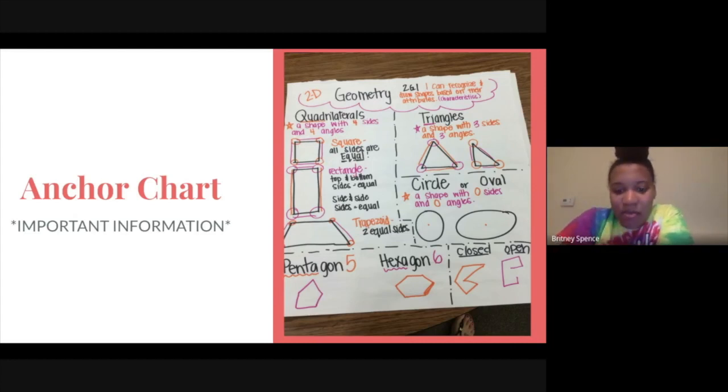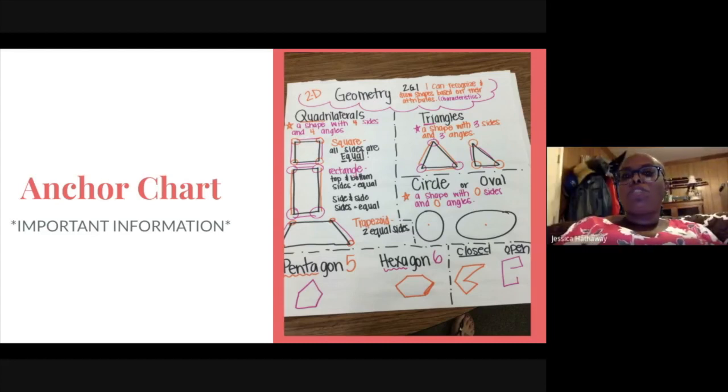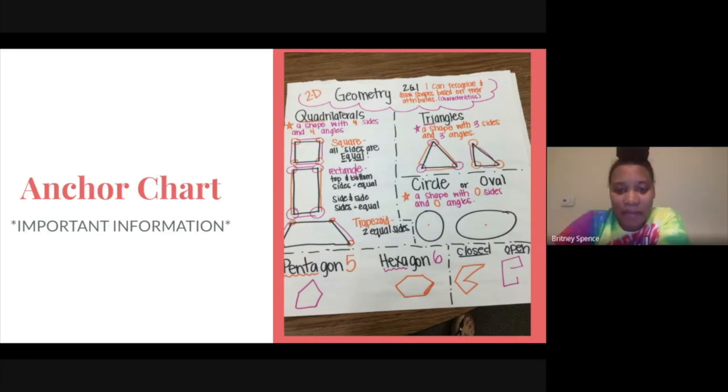And at the bottom in the little square, you see closed and open. So we must remember that a polygon is a closed shape. That means all sides meet at an angle. And also remember, we're only focusing on 2D shapes. We're not focusing on 3D shapes. Correct.